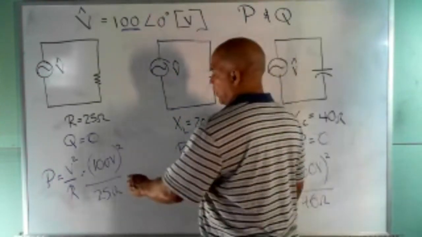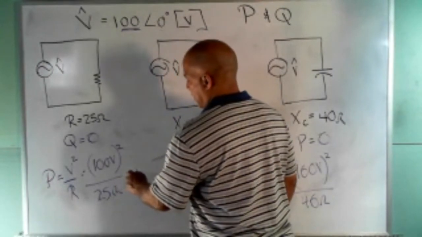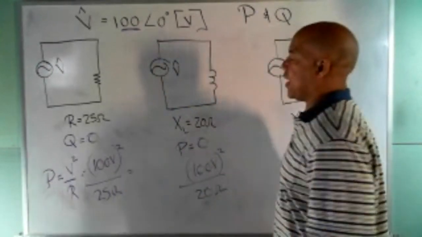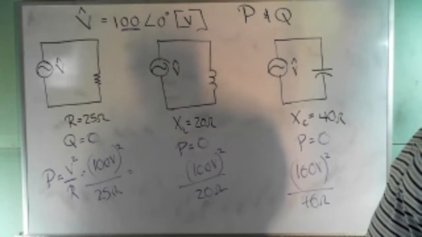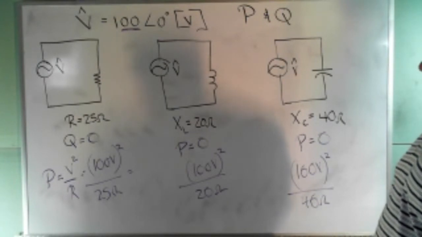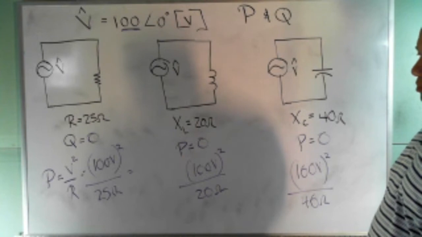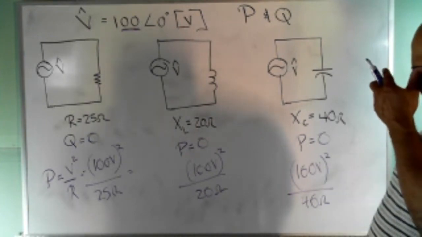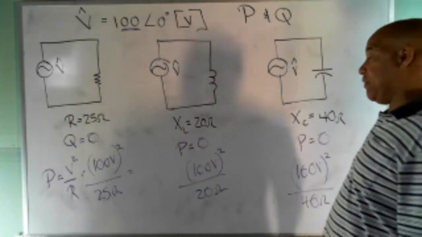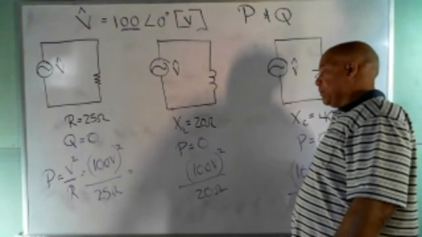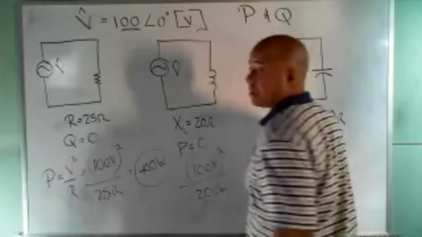So 100 squared is 10,000, over 25 is what? 400. So 400 watts.